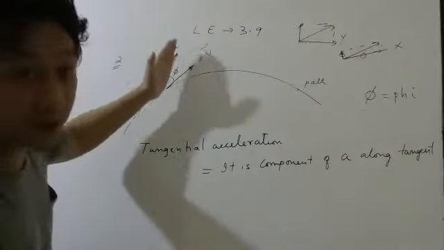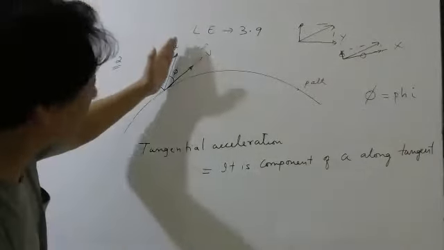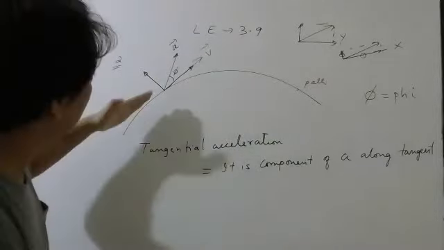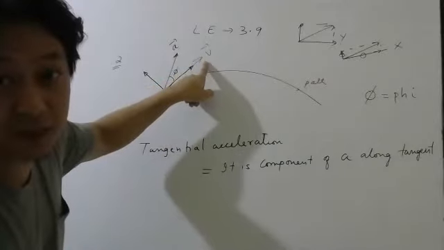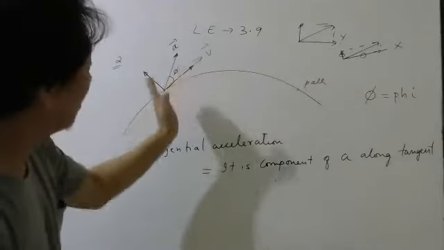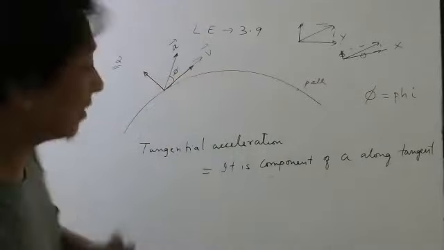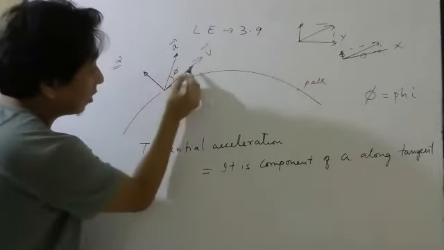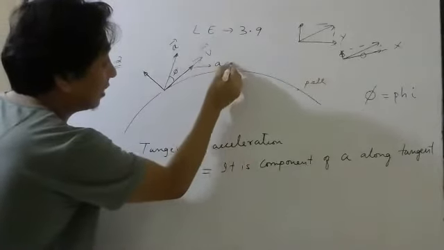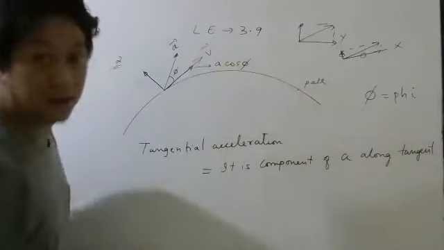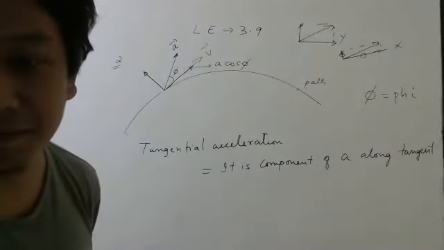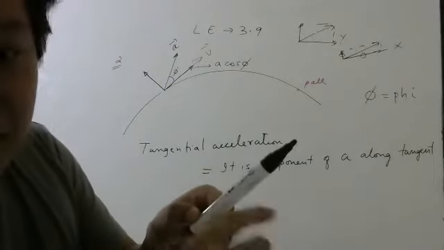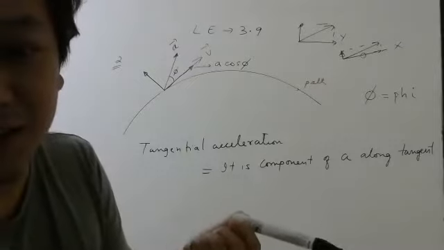So look carefully at what I have done. I have resolved, meaning I have broken the vector into two components: one along the velocity, that is, along the tangent, and one perpendicular to the tangent. If this is A and this is phi, what will this component be? A cos phi. Accepted or not? If a vector makes angle theta, the component is A cos theta.